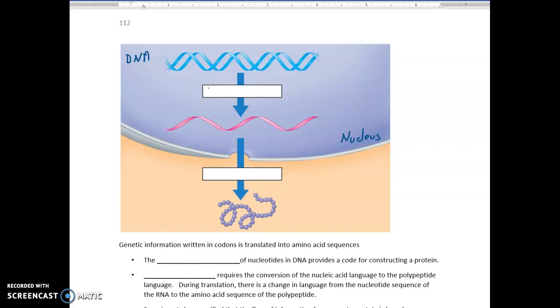Instead, we take the DNA and we transcribe it into RNA. And then we send the RNA out into the cytoplasm, where the RNA will be translated into protein.